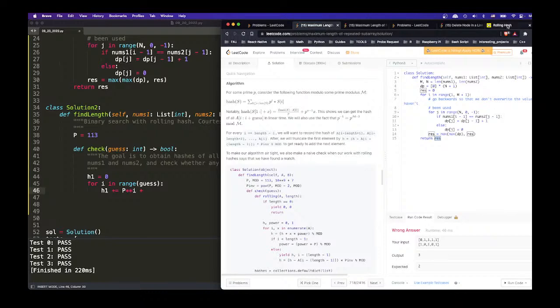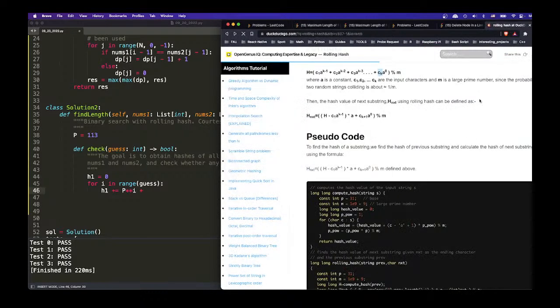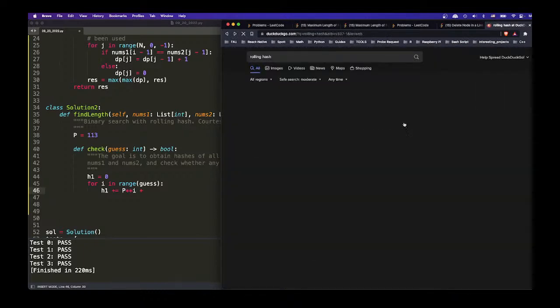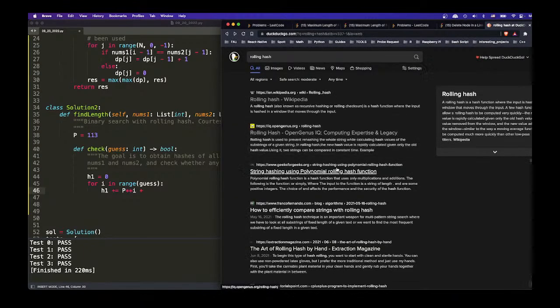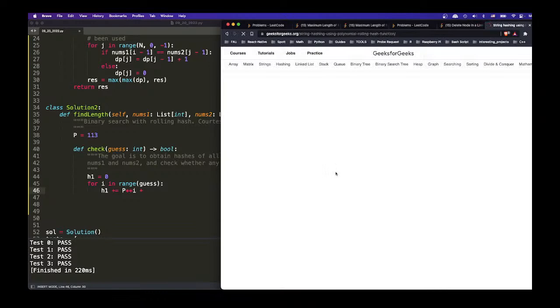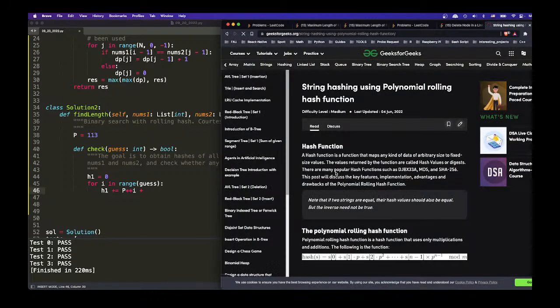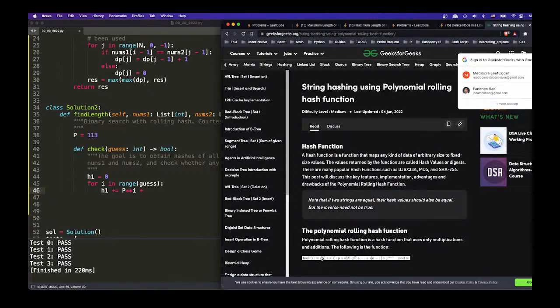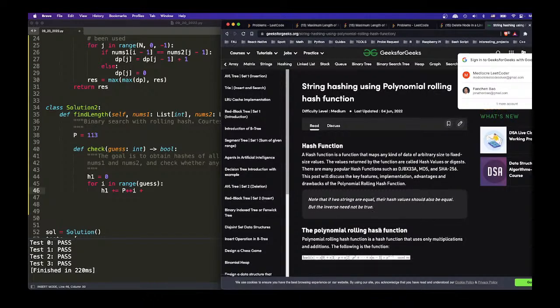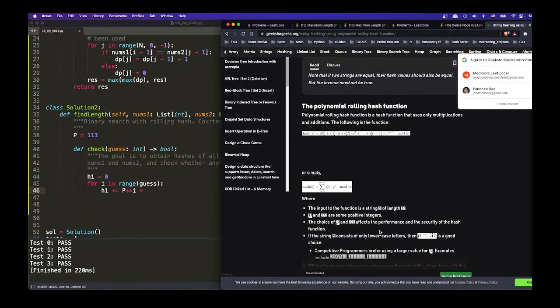I need a better source for the rolling hash. This doesn't make any sense. Now this makes more sense if you do it this way. Okay, this makes more sense.